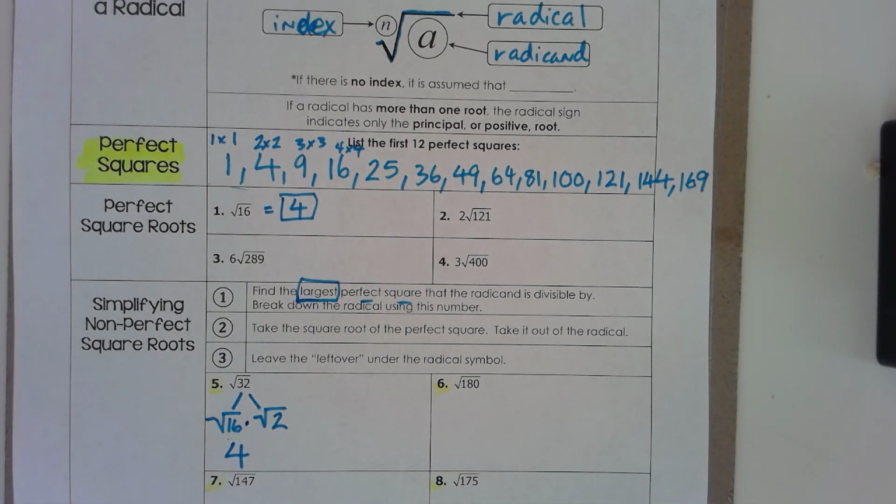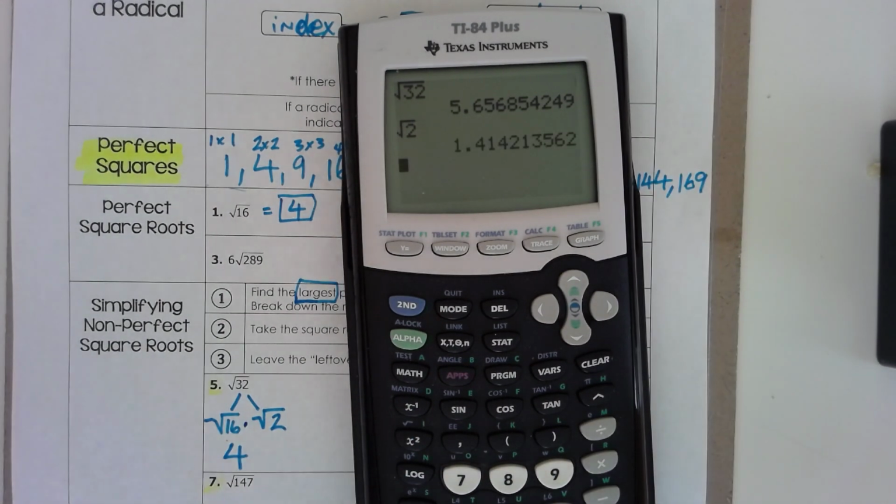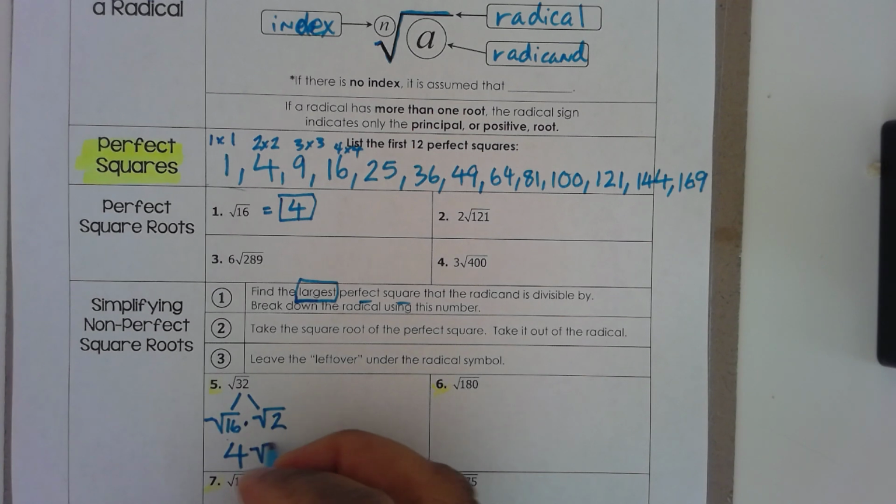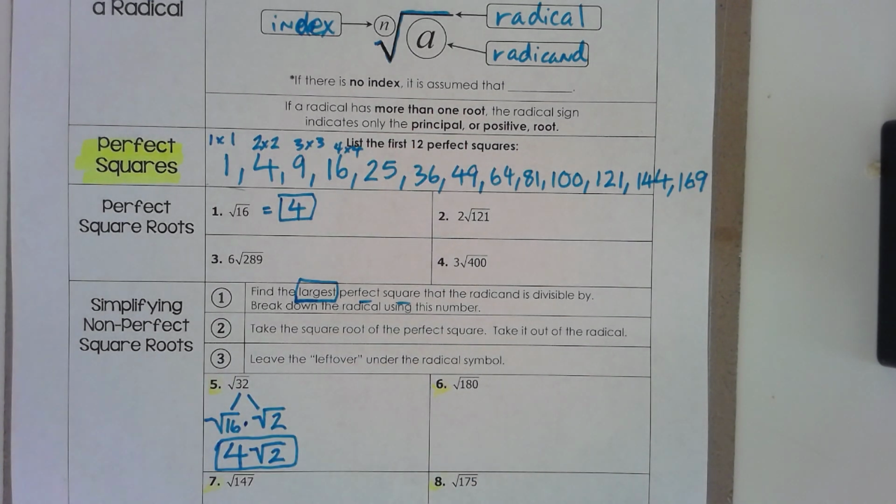But what happens if I were to take the square root of 2? Well, I'm going to go ahead and put that in the calculator right now, and you will notice that I will get a decimal. I don't want a decimal, so I'm just going to keep it as is. So in other words, I'm just going to bring down the square root of 2, and that will be the end of that. Okay? Let's do another one.